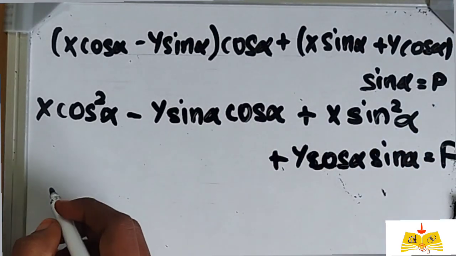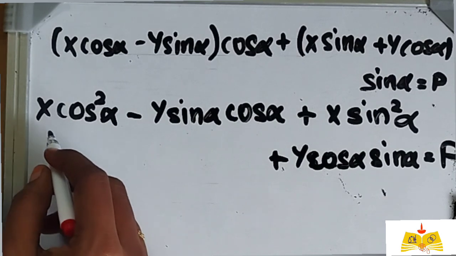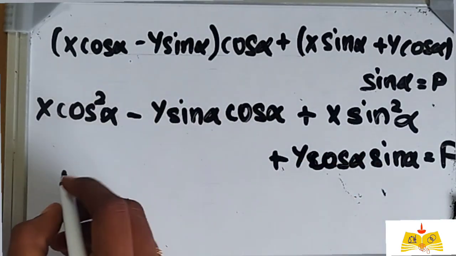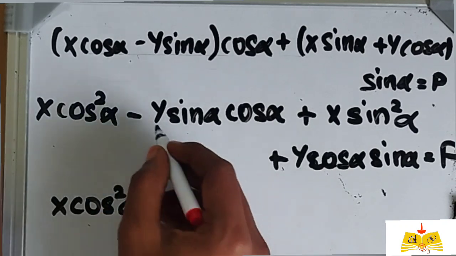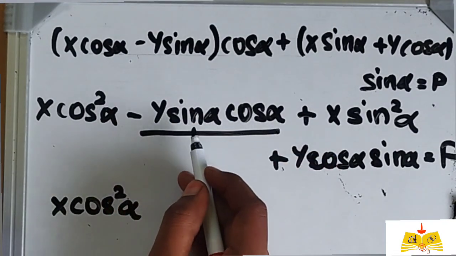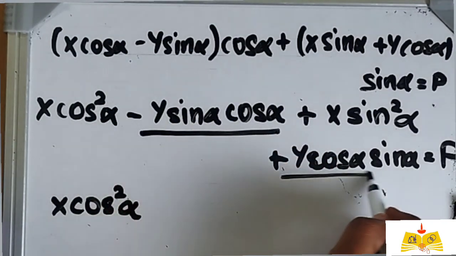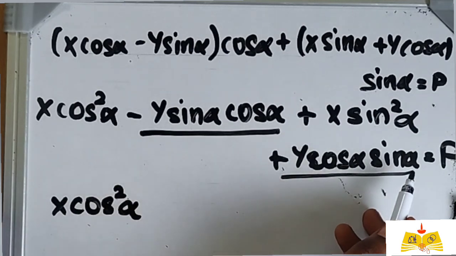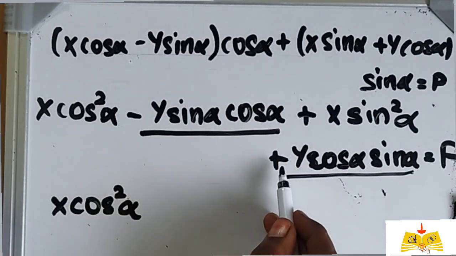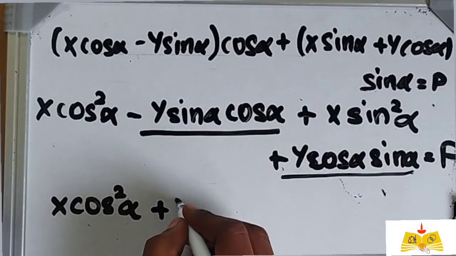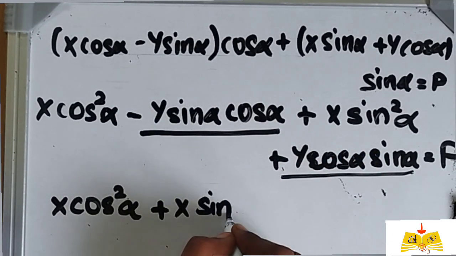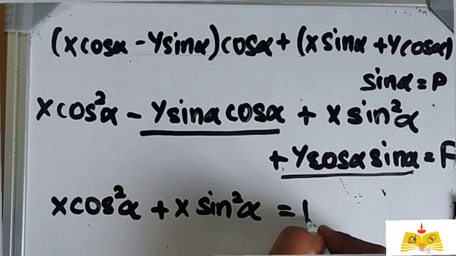Clear? Okay, so I am going to simplify this. Here it is y sin alpha cos alpha, and here it is y sin alpha cos alpha, but one is minus and one is plus, so they will get cancelled. What is the remaining term? We have x cos squared alpha plus x sin squared alpha, which equals p.